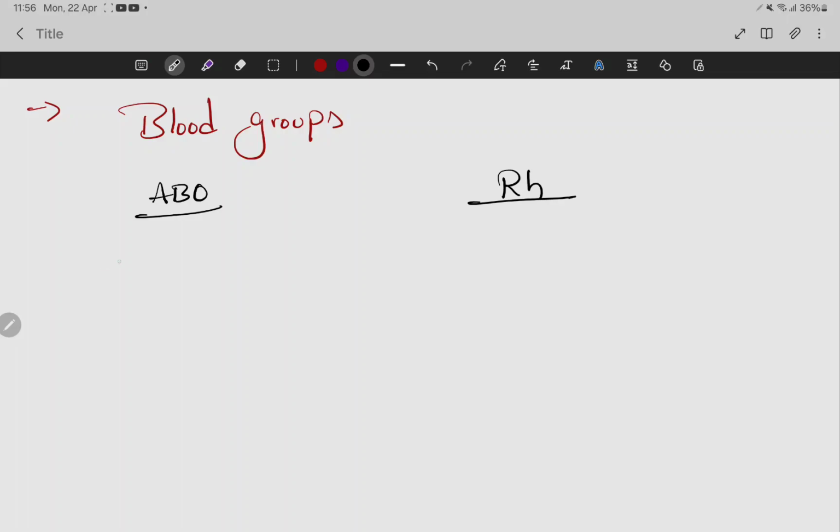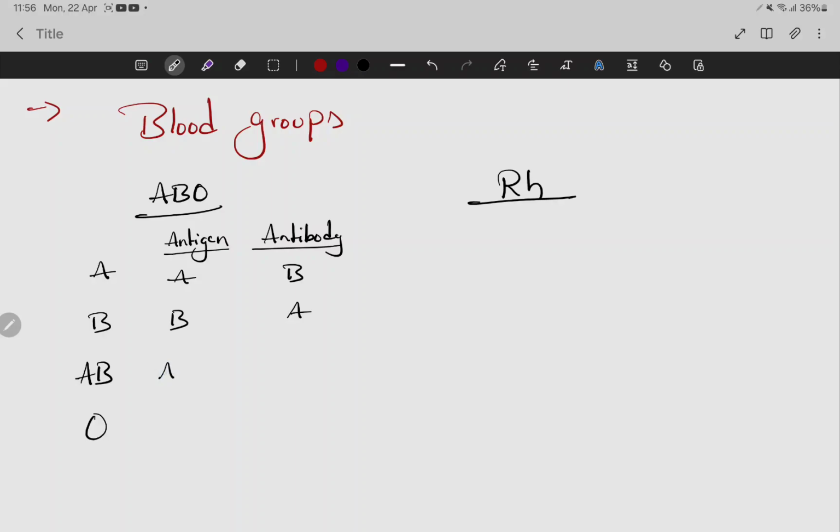In ABO we have A, B, AB and O. Here we have antigen and antibody. Antigen A, antibody B. Antigen B, antibody A. Antigen AB, antibody nil.